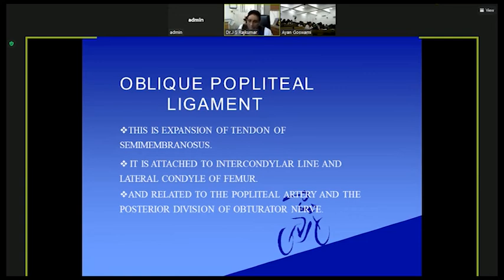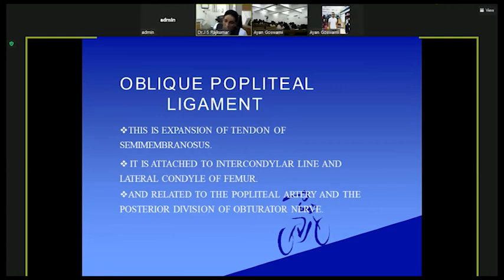So the semimembranosus is a muscle that arises not from the hip, but from the ischium, and the hamstrings come down from there along the posterior aspect to get inserted into various parts. For example, the gracilis, sartorius and semitendinosus get inserted into the upper medial aspect of the tibia.